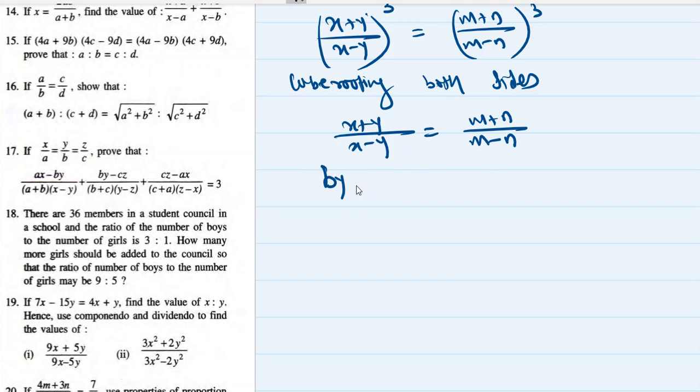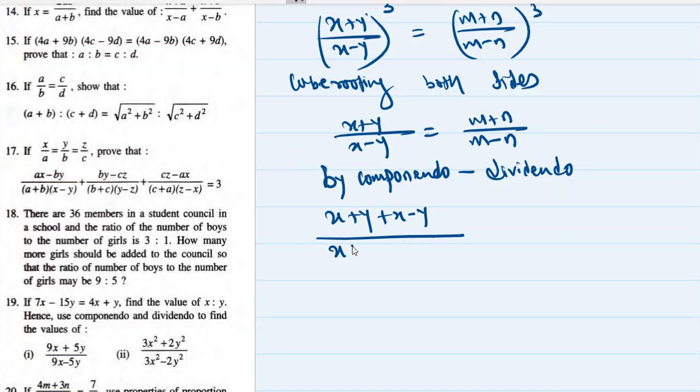So by componendo dividendo, (x plus y plus x minus y) the whole upon (x plus y minus x plus y) equals (m plus n plus m minus n) upon (m plus n minus m plus n).